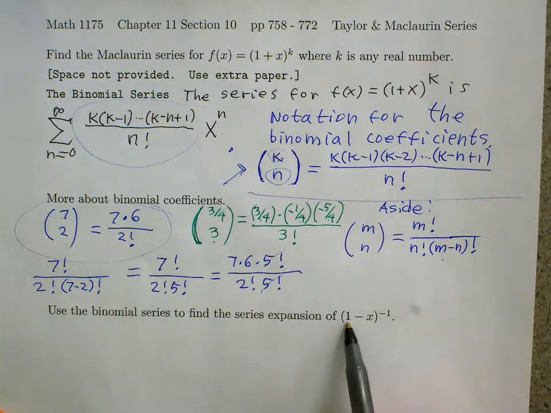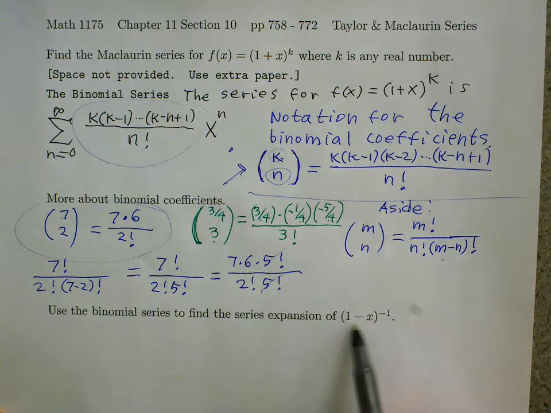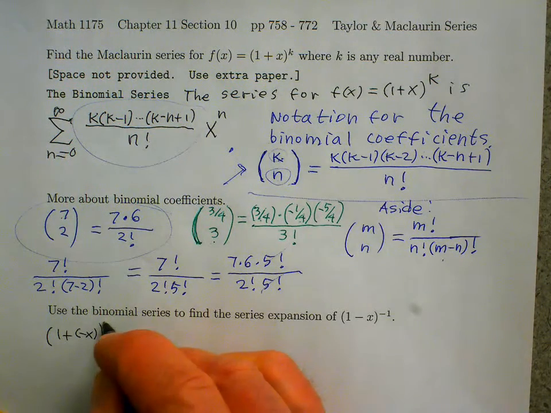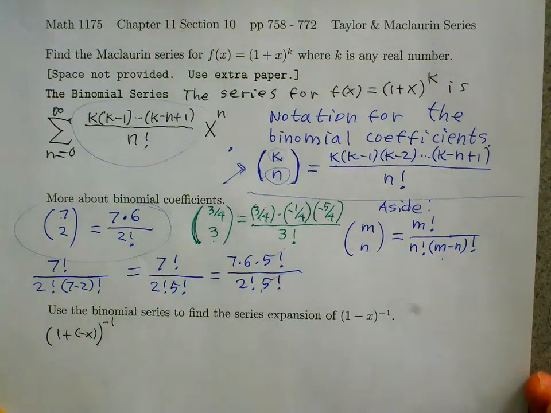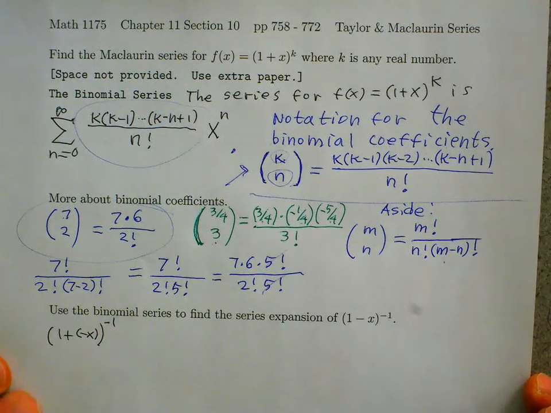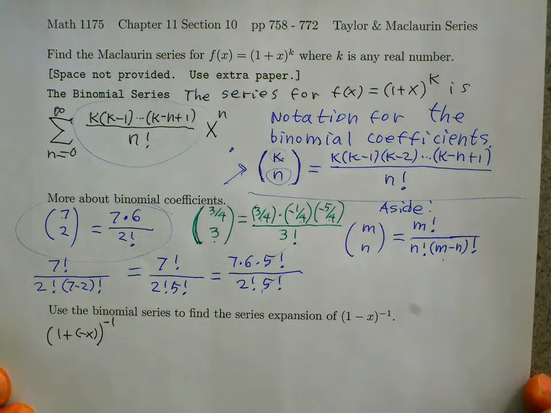So we're going to rewrite this. Instead of 1 minus x, we're going to think of that as 1 plus negative x. And then the exponent is negative 1. Okay, so the binomial series.